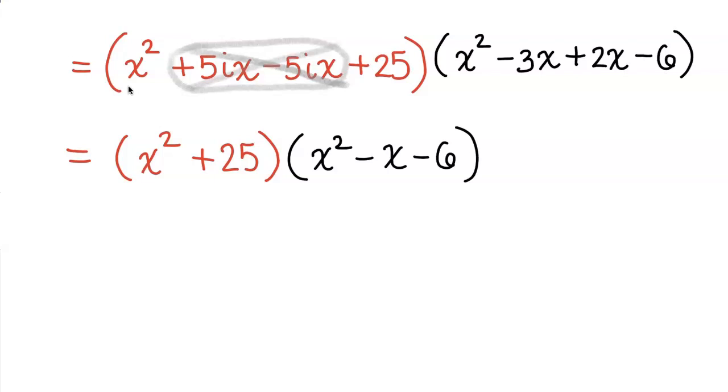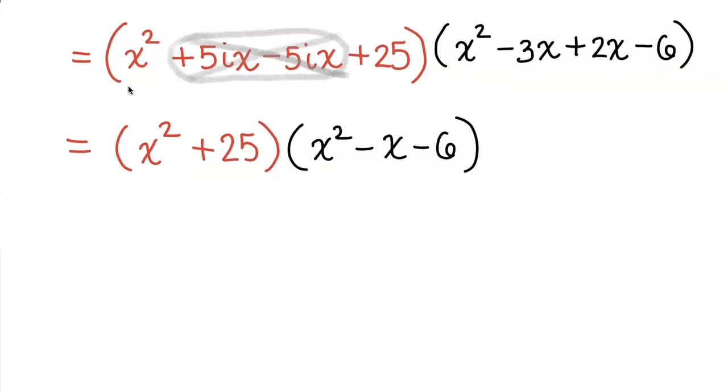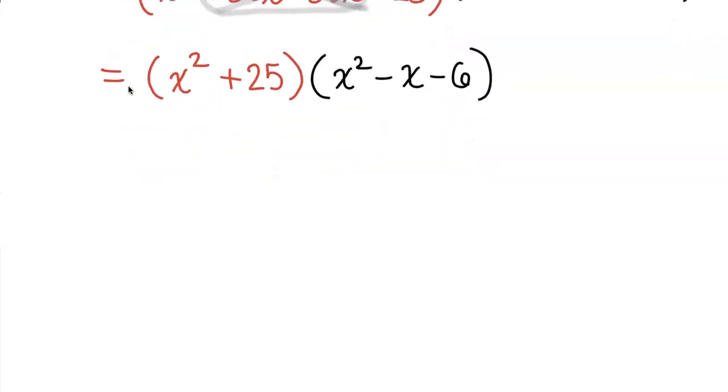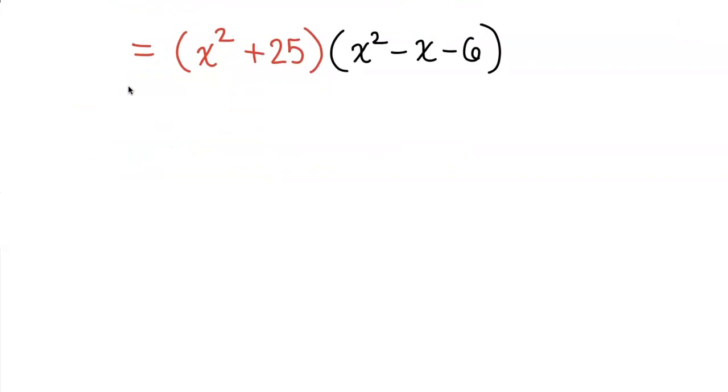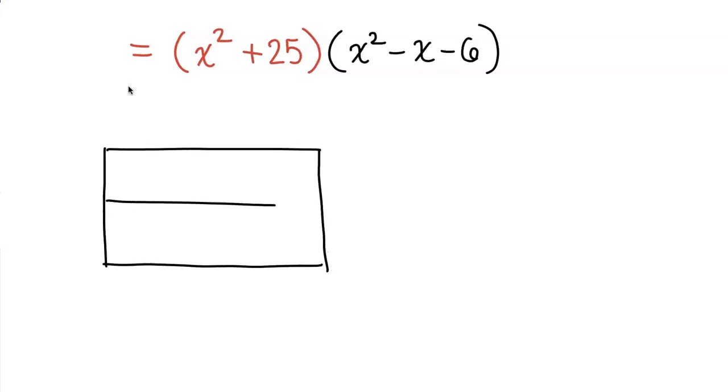So we now have to just multiply this binomial times trinomial. You saw me foiling twice already, so let me try something a little different. I'm going to try to draw a box for this. I like to organize my multiplication whenever I'm working with trinomials. I will put the x squared on the side and positive 25 underneath it.